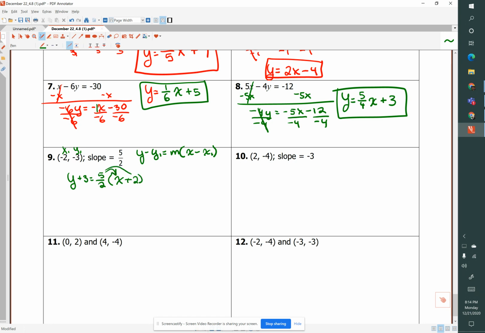Now we distribute. So we have y plus 3 equals 5/2 x plus 5. And we subtract 3 from each side. And we're left with y equals 5/2 x plus 2.